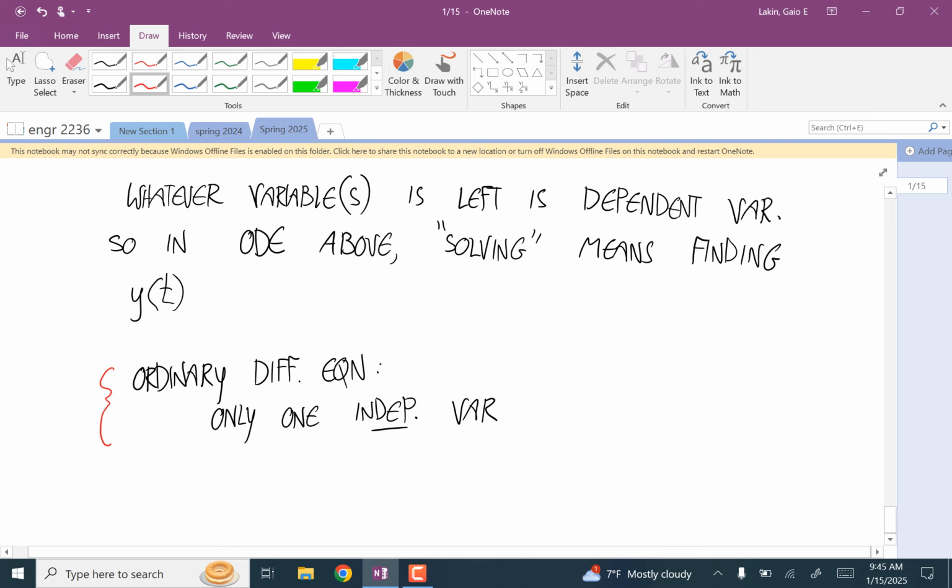This is what we're going to see in this class, ordinary differential equations, and pretty much exclusively. I can't think of any cases where we'd have anything else. The one independent variable is going to be time. So we're always finding something as a function of time.